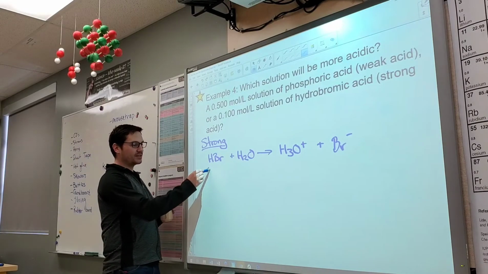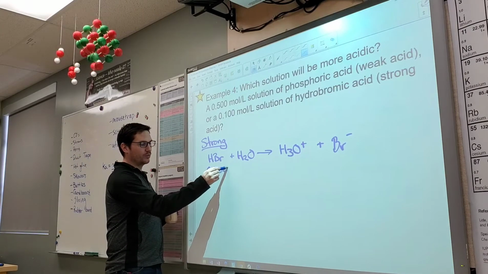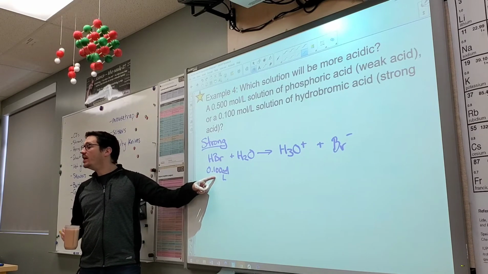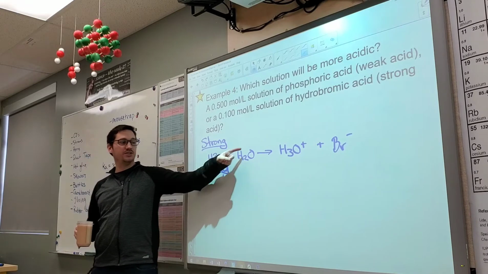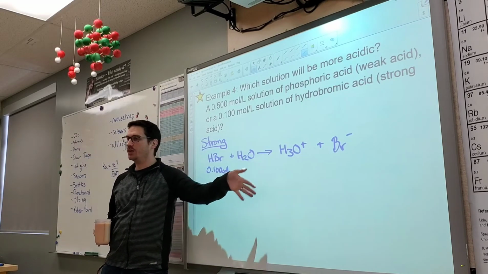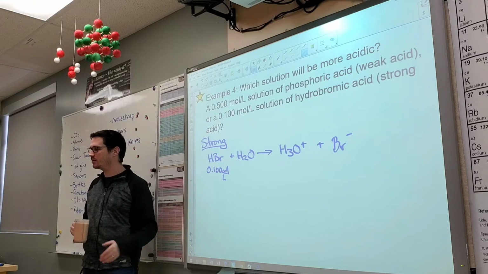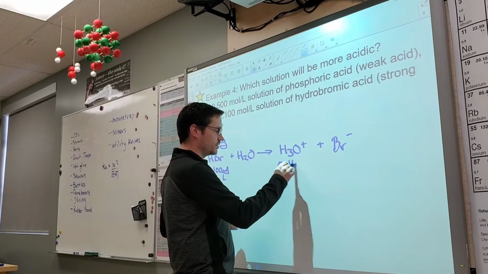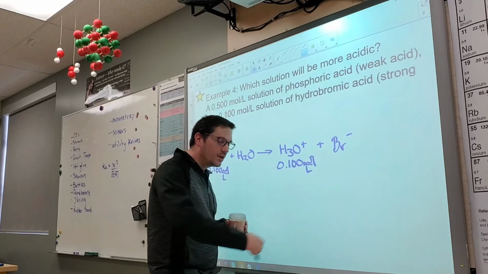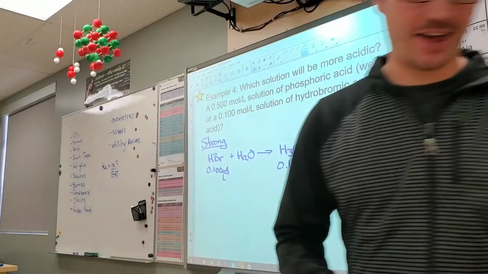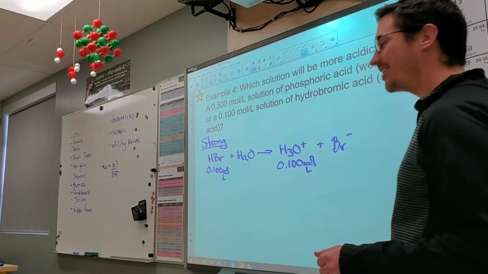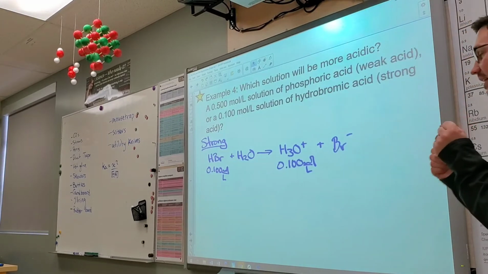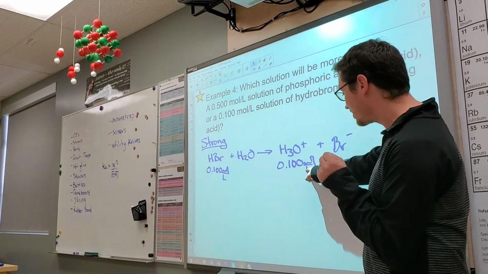If I start with a 0.100 mole per liter solution, and 100% of this turns into hydronium, what will be my hydronium concentration in the end? 0.100 mole per liter, right? So, without using your calculator, what will be the pH of this solution?